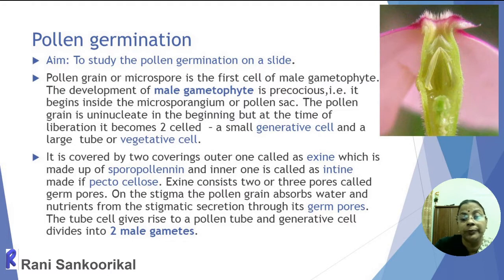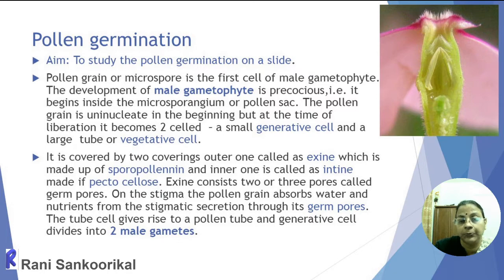Of the two male gametes, one male gamete will fuse with the egg when it reaches the ovary, forming the zygote that later develops into the embryo. The other male gamete fuses with the polar nuclei and they form the PEN. PEN later develops into the endosperm.